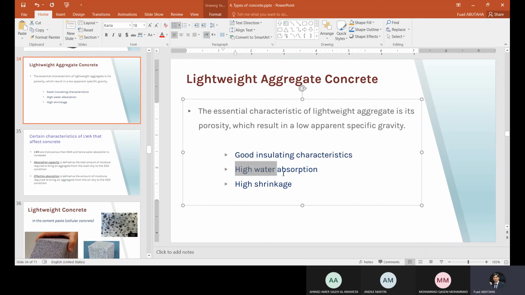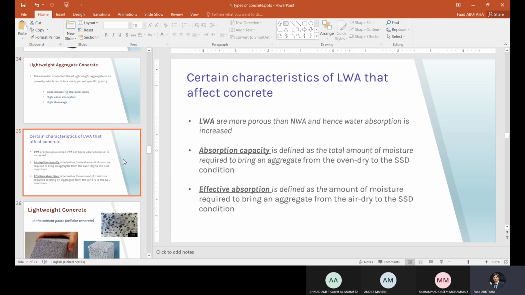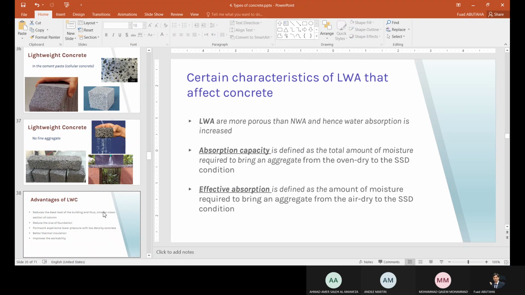It will have high water absorption because there are so many voids inside the concrete, and the water will easily go in and fill all these voids and penetrate inside, so the water absorption will be higher compared to normal weight concrete. It will also have significant shrinkage. This is a problem that could also happen to concrete that has lightweight properties.